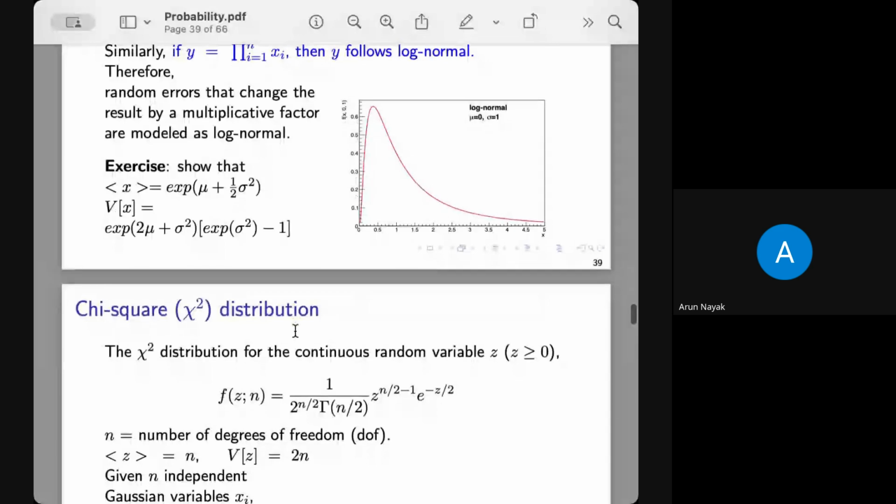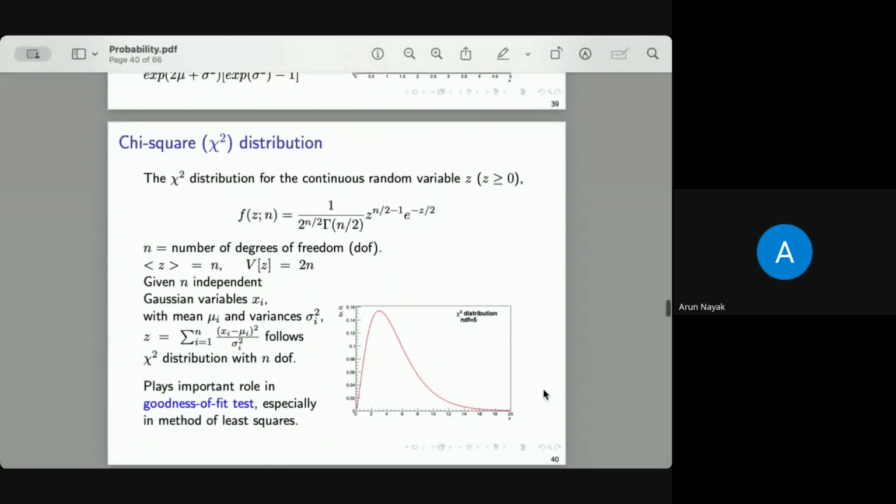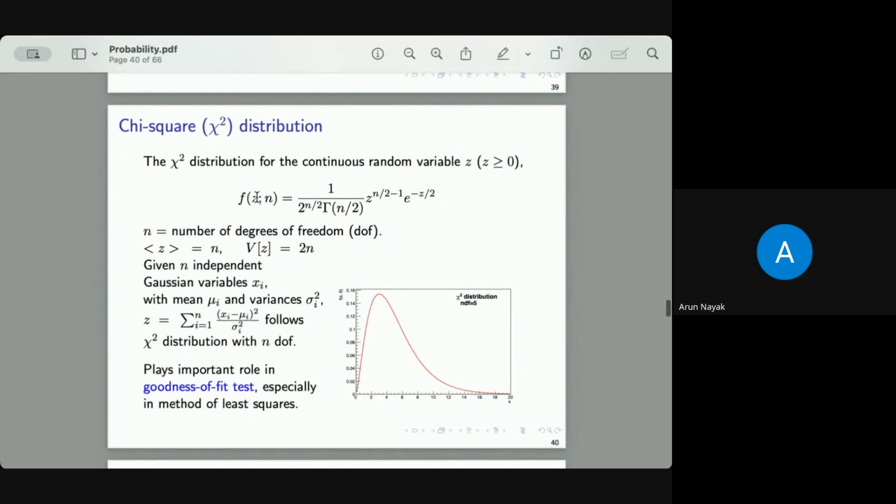Okay, can you see my slide? This is the chi-square distribution. The chi-square function is defined like this, which was discussed two classes before. Here z is defined as the chi-square in our least square fit, where mu i was the lambda i in our definition.